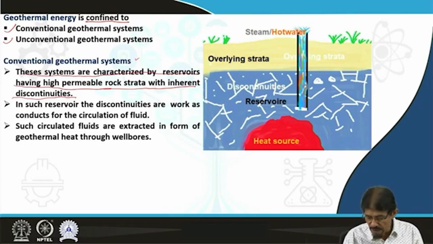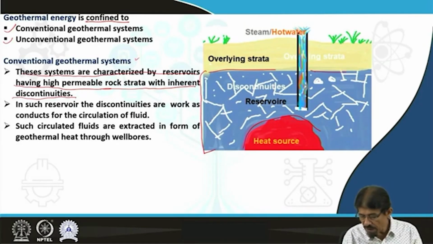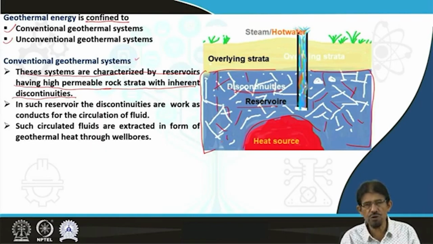The reservoir is characterized by the presence of discontinuity-assisted enhanced permeability, high permeability, which can allow the movement of the carriers of the geothermal energy to the surface through different artificial arrangements.